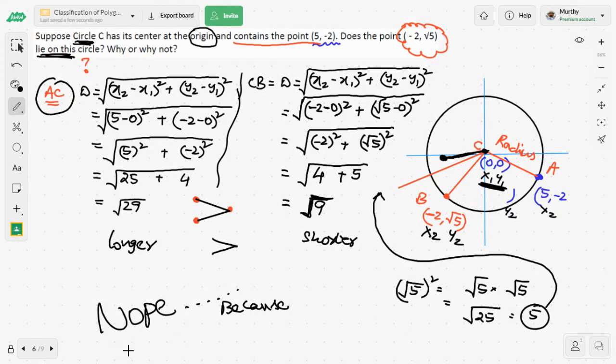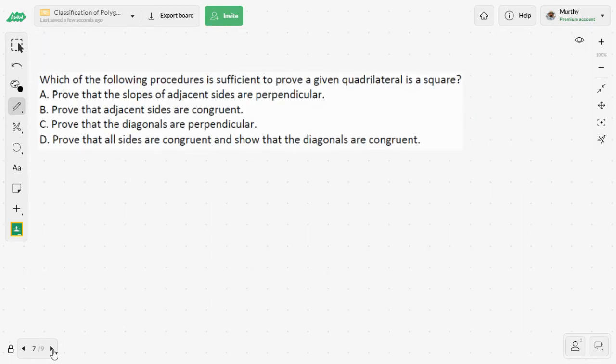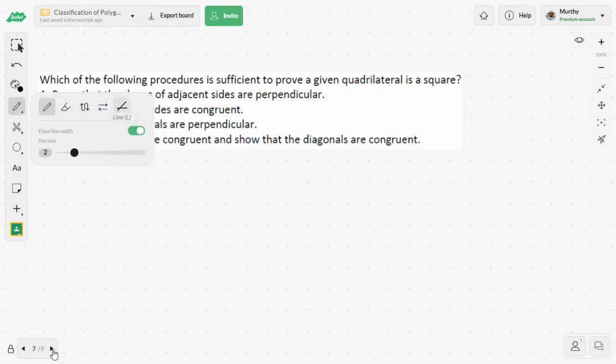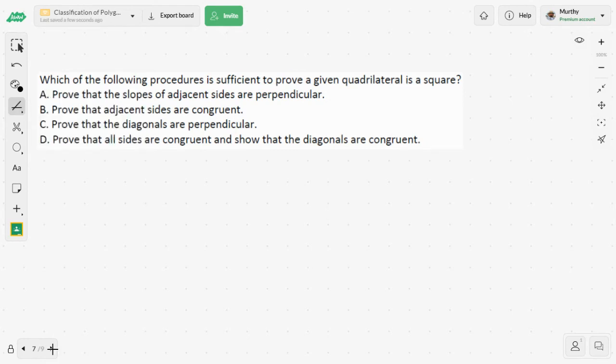Let's go to the next question. Which of the following procedures is sufficient to prove a given quadrilateral is a square? In fact, this one I explained in my previous classes.